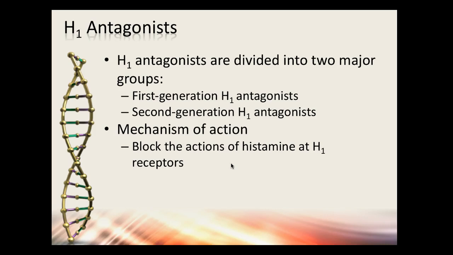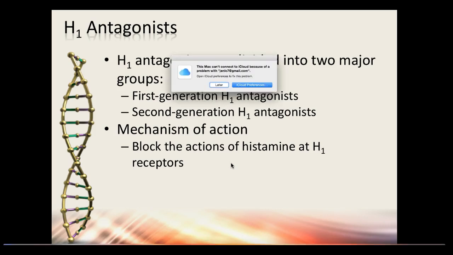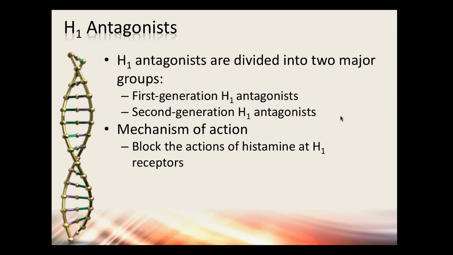First generation H1 antagonists came out a long time ago. That's Benadryl, diphenhydramine. There are some other ones out there too, but mainly we see Benadryl. Second generation histamine 1 antagonists, those are chlorpheniramine, but anyways, H1 antagonists.